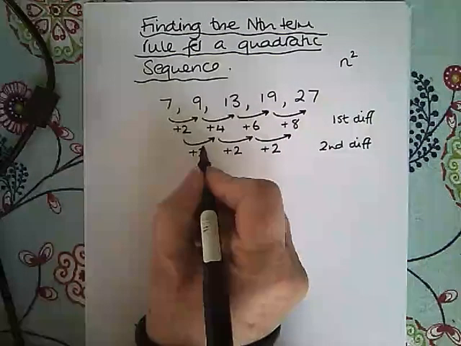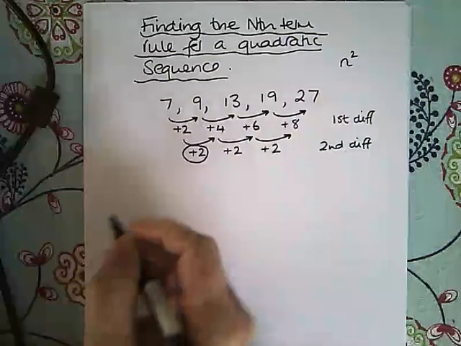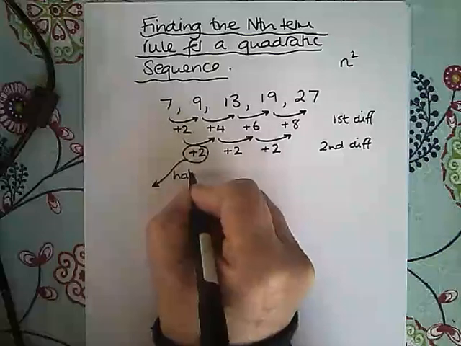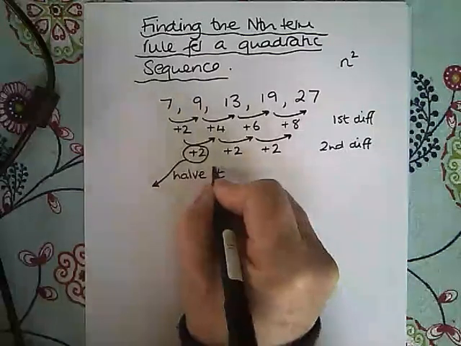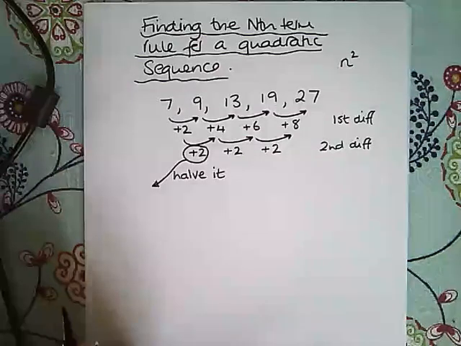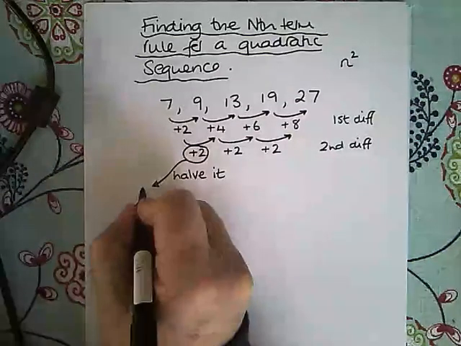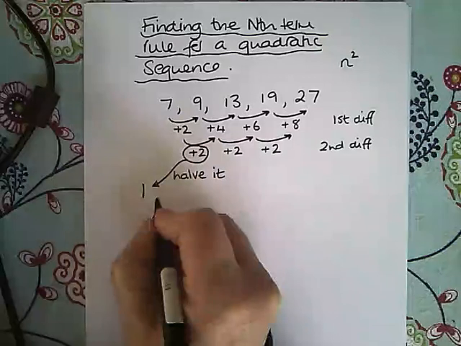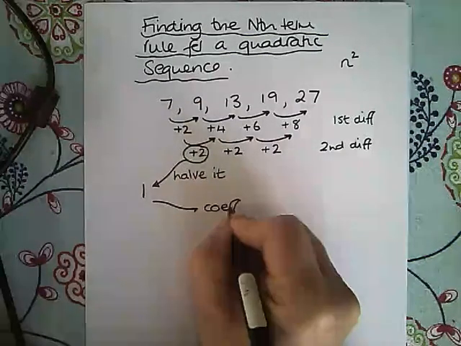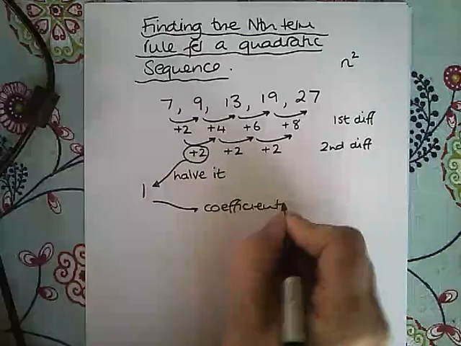So what that means is we take this second difference, we halve it. It always halves, it's not just because this number is 2, we always halve it, and that will give us 1. And that tells us the coefficient of x squared.